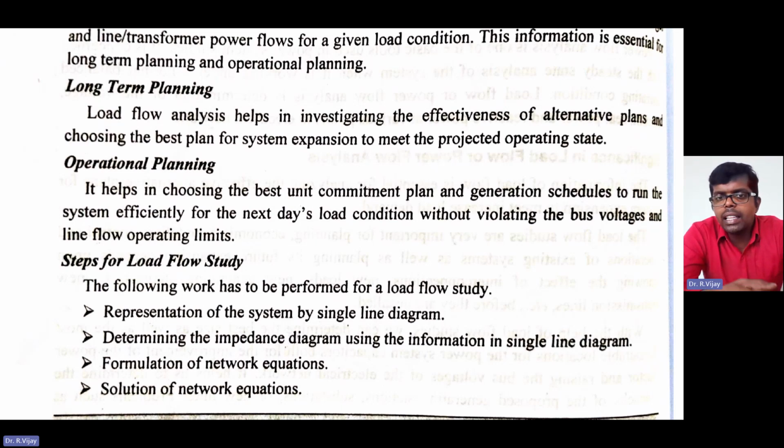They will say, for example, this is the summer month, so the load is also more, and we need to purchase the power for more price. So definitely they will increase the tariff to the consumers. So you need to select the least cost generator, so that the tariff cost that we are consuming also will be reduced.